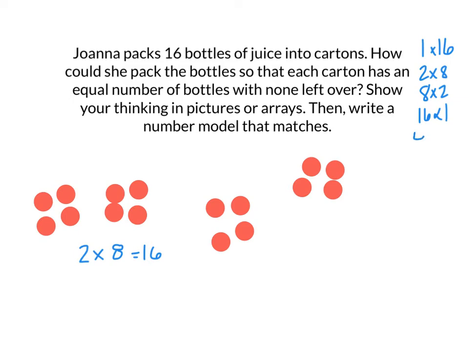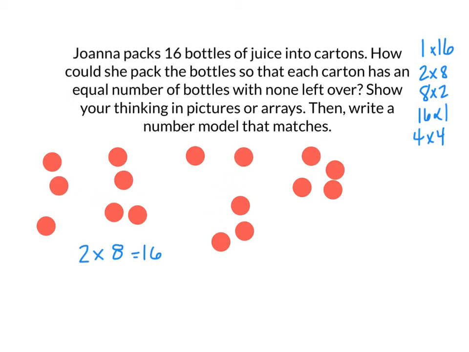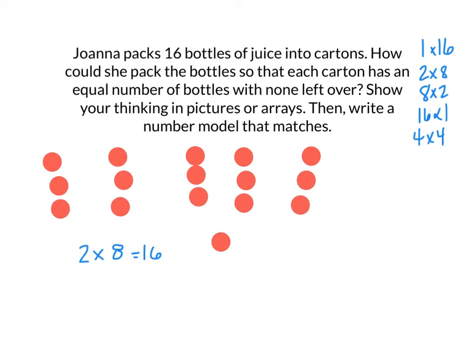So I would write 4 times 4. Let's see what would happen if I tried to do 5 cartons. Okay, so I have 1, 2, 3, 4, and 5. I'm just going to match those up. When I try 5 cartons, I have 1 left over, so it's not even.